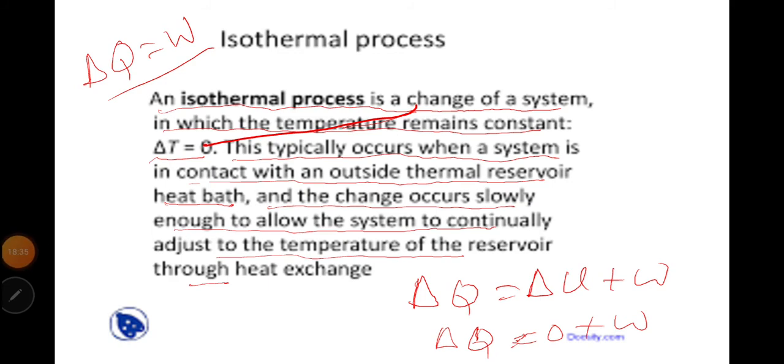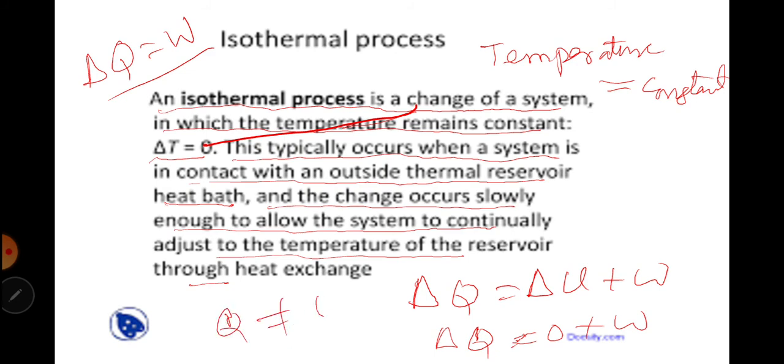So today we studied that an isothermal process is the process in which the temperature is kept constant. Heat is not equal to 0; heat can enter or leave the system.